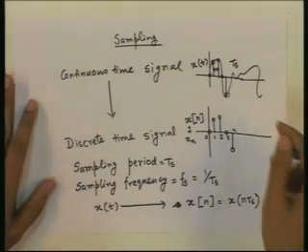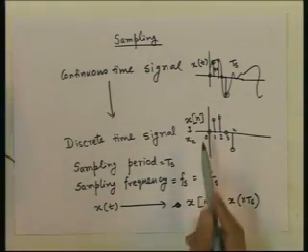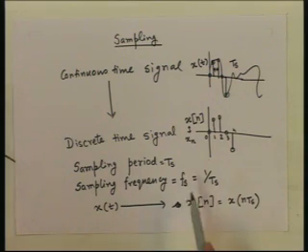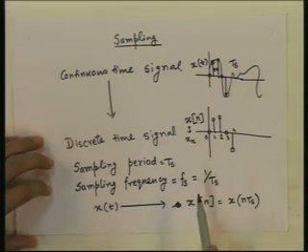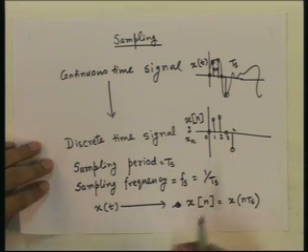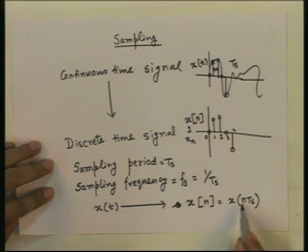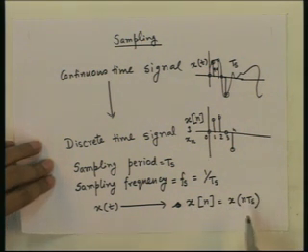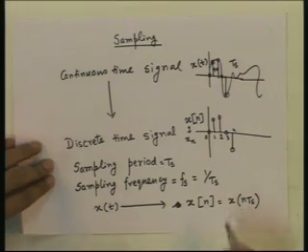So, we discretize a signal in time at a rate Fs, which is 1 by Ts, where Ts is the sampling period. Fs is called the sampling frequency. So, if we have the original signal as x(t), the sample signal x[n] is nothing but x(n Ts). The nth sample is the value of the analog signal at time n Ts.